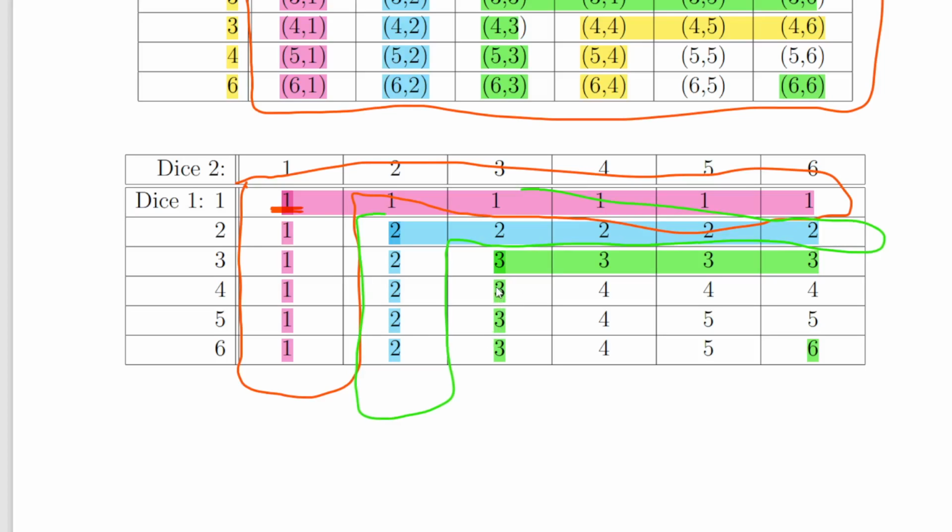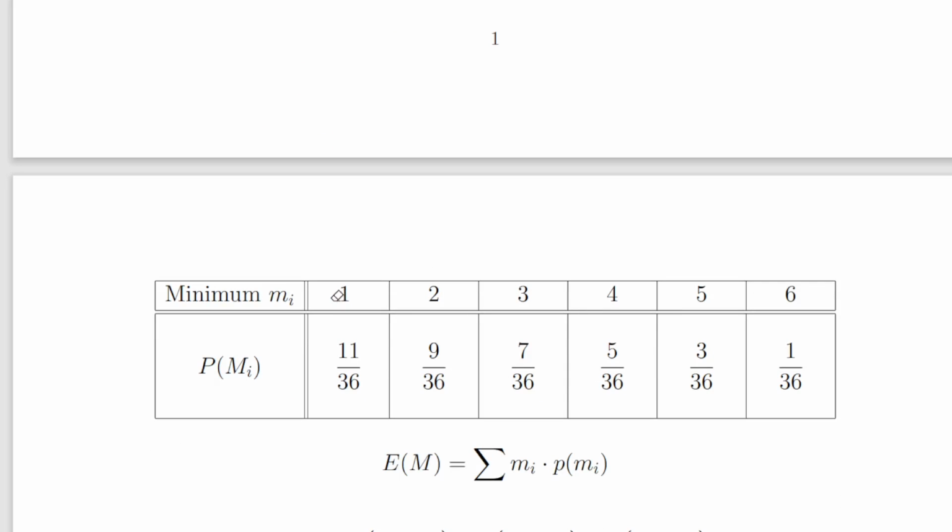So there'll be 7 for where m is equal to 3, 5 where m is equal to 4, 3 where m is equal to 5, and 1 where m is equal to 6. So that helps us create the distribution of the values of m. So here are the possible values of the minimum: 1, 2, 3, 4, 5, 6, and this is the corresponding probabilities.